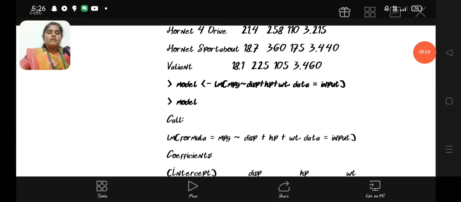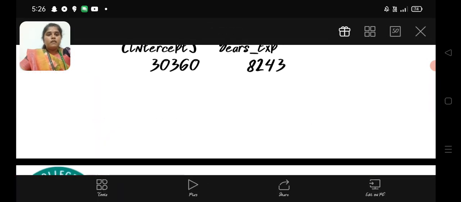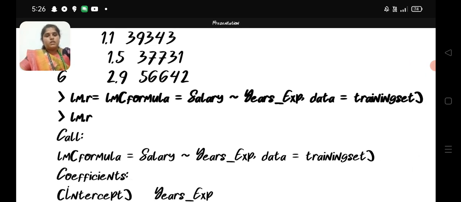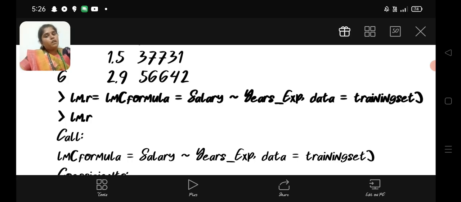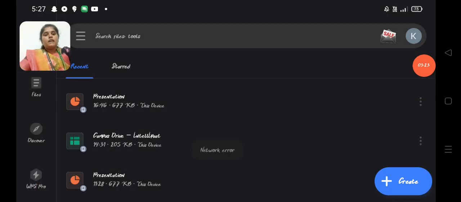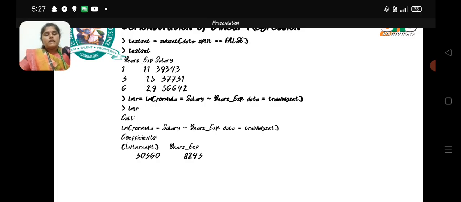What is the difference between linear and multiple? In the linear regression model, only one variable is dependent on another one, that is, the salary is entirely dependent on years of experience.